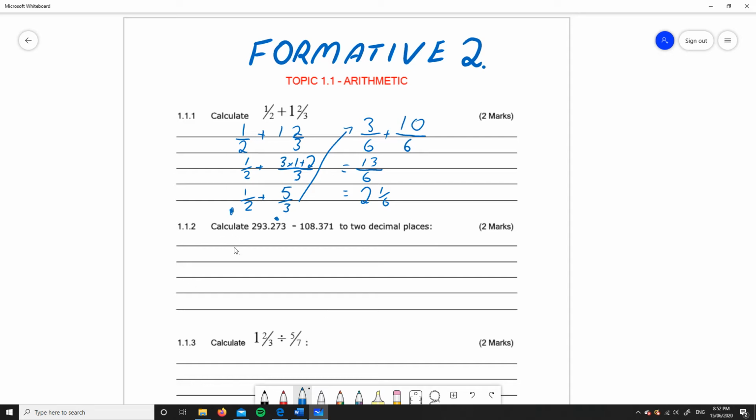From there, moving on to question number 2, which is a basic decimal subtraction.